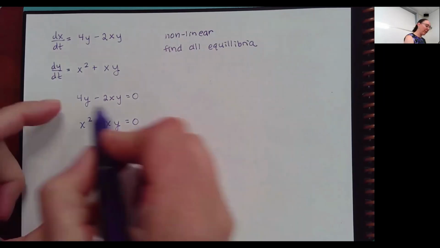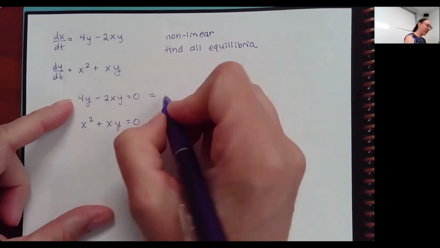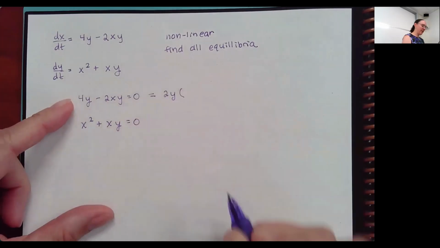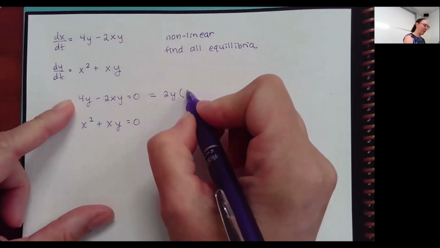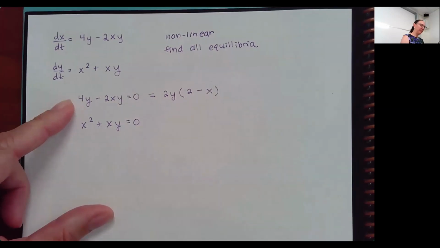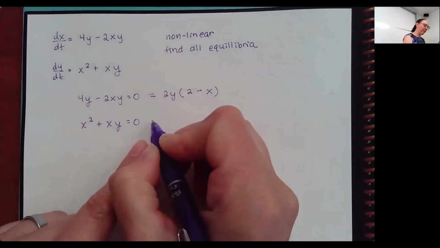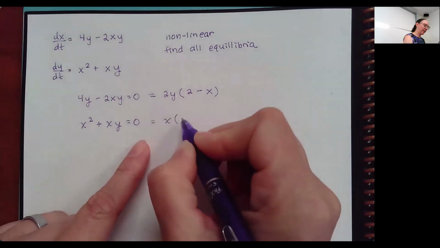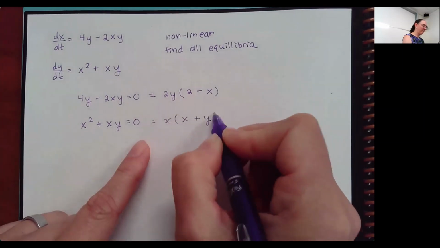So on that first one, I can factor out a 2y. And then I think I'm left with 2 minus x. And on the second one, if I factor out an x, then I'm left with x plus y.